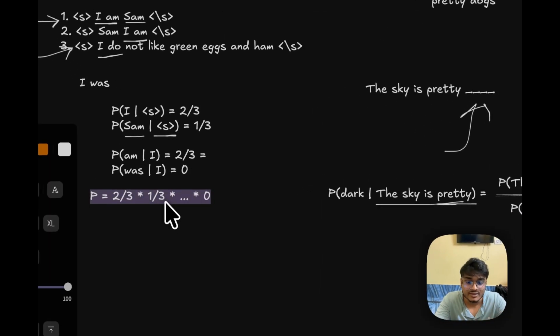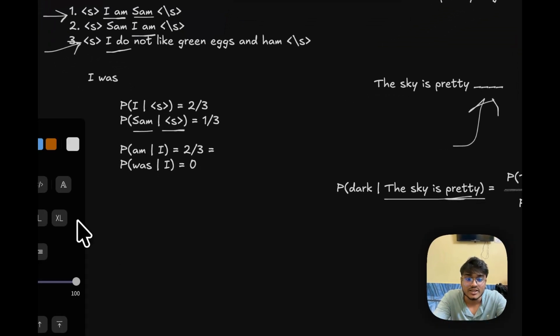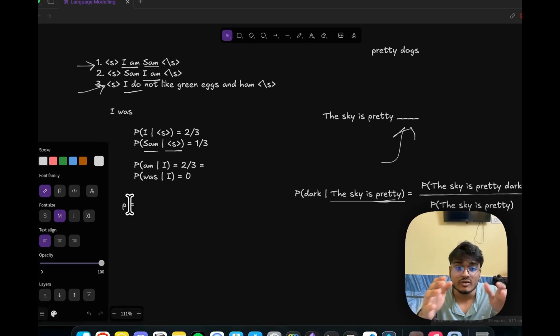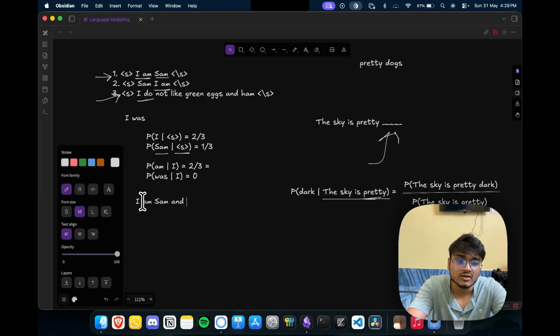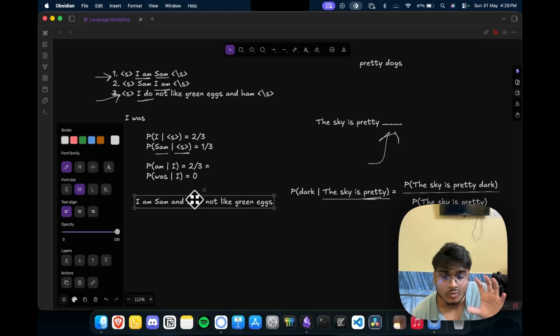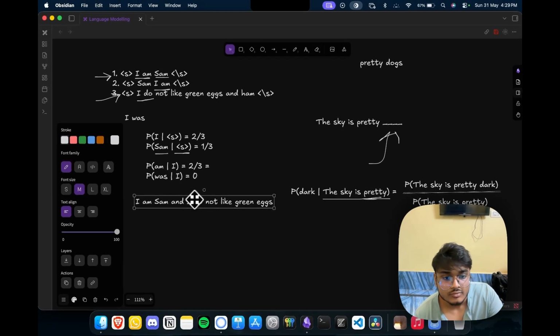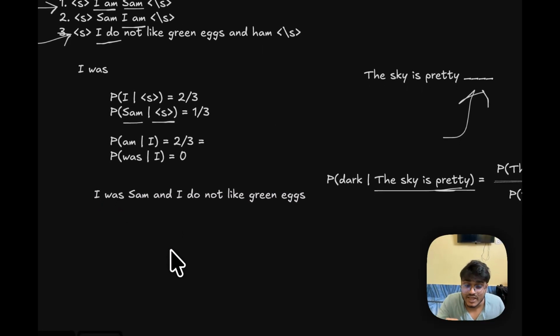Basically, whenever you find all the probabilities of the entire section, you have to multiply the whole thing to get the probability of the sentence we wanted to form. Let's say I wanted to form a sentence like "I am Sam and I do not like green eggs." All this vocabulary already exists in our corpus or data set. But what if I write something like "I was Sam"?